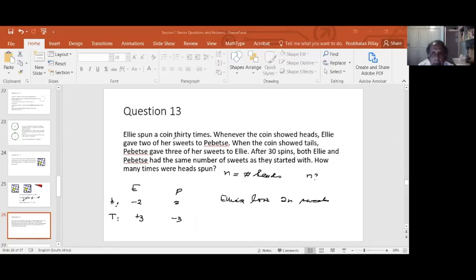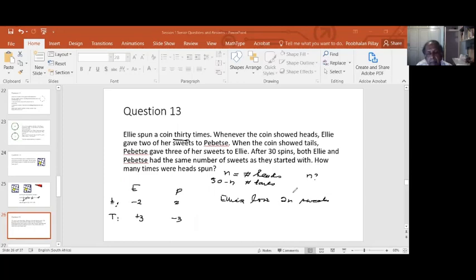Now, the coin was spun 30 times, so if there were n heads, the remaining ones should have been tails. Altogether there were 30 spins, so there should have been 30 minus n tails.